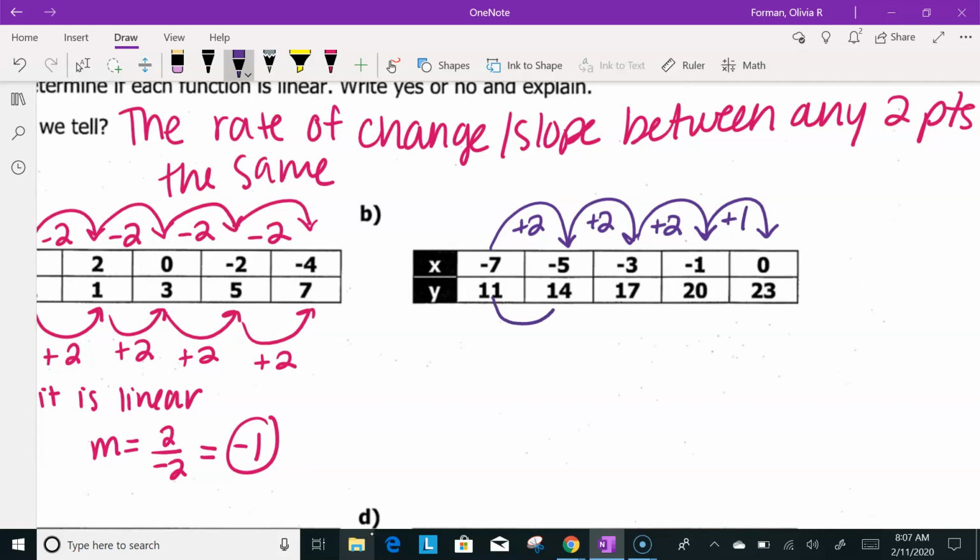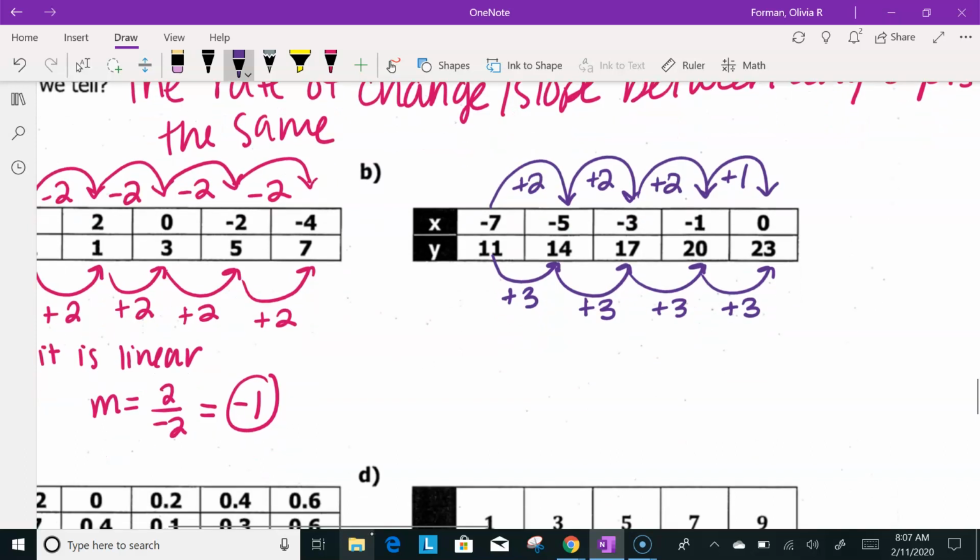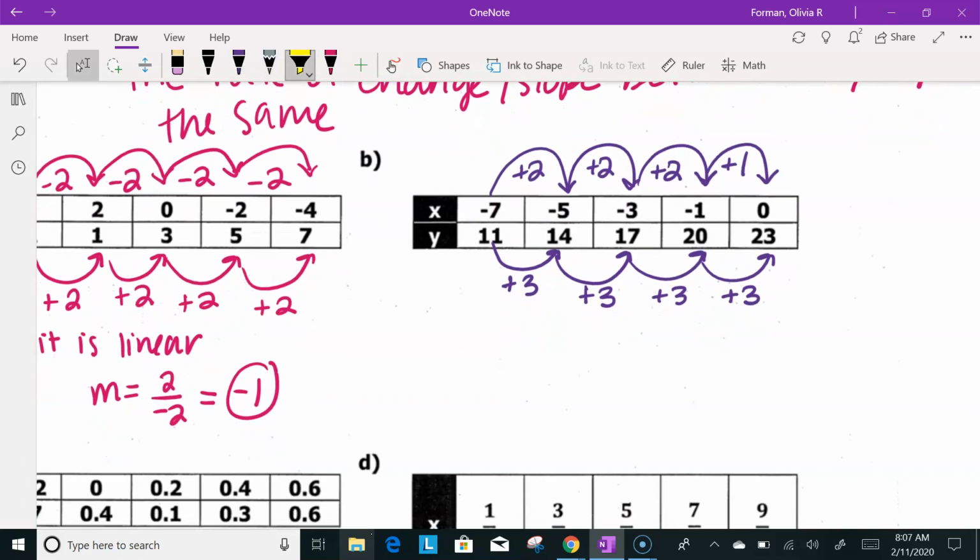Down here with the y's, 11 to 14, I'm adding 3. 14 to 17, I'm adding 3. 17 to 20, I'm adding 3. 20 to 23, I'm adding 3. When I look at this area right here, when the top part goes by plus 1, the bottom part goes by plus 3, this is what makes this not linear. Because you have that one piece that kind of throws it off.